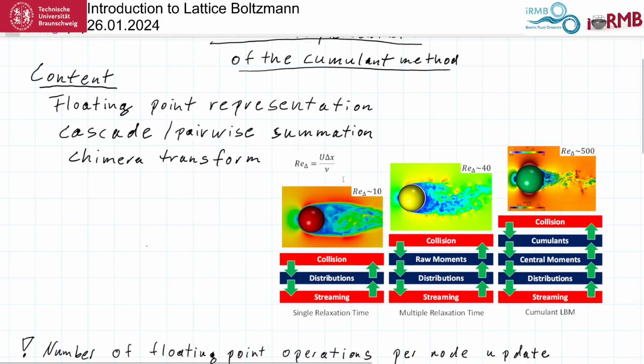So what we see is that the single relaxation time method gets a little bit beyond probably the Kolmogorov scale, if you will, but is less efficient than the multiple relaxation time method, and there's a big gap between the multiple relaxation time method and the cumulant method in how coarse, so to speak, the resolution could be.